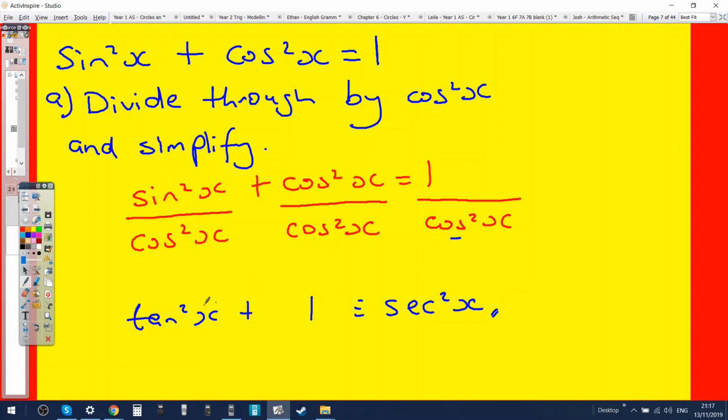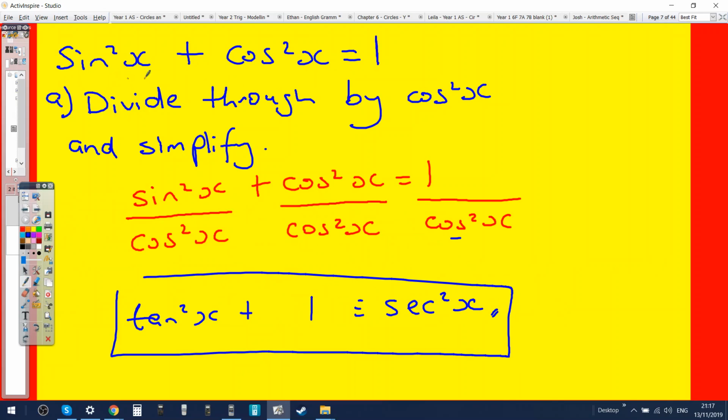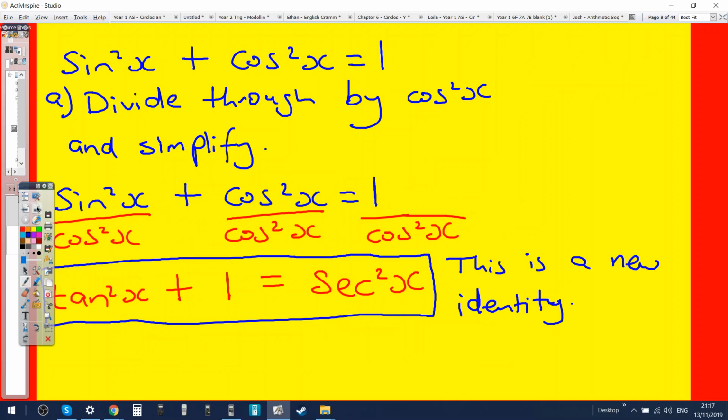So that's an identity that you use. And what if you were to divide everything by sine squared x? Yeah, equals cosec squared x, and that's another identity that you use.